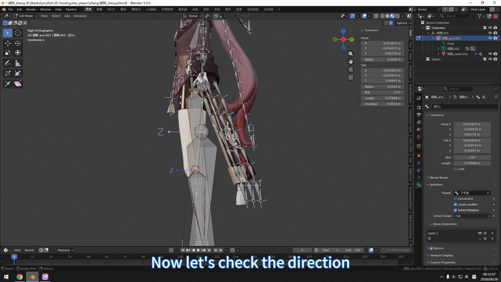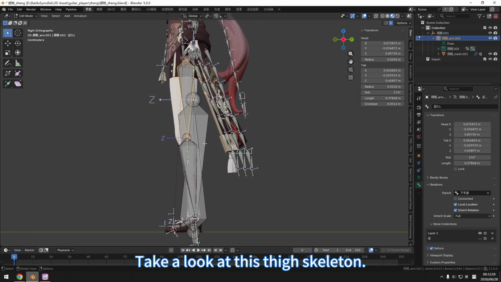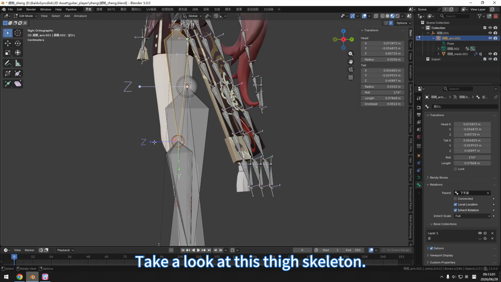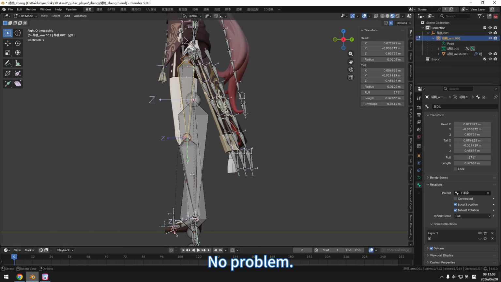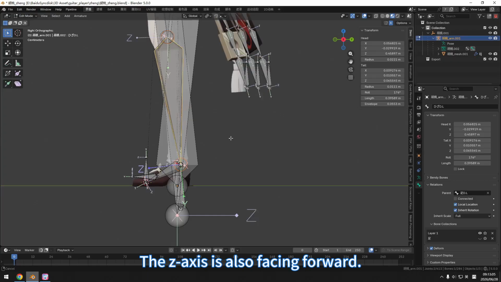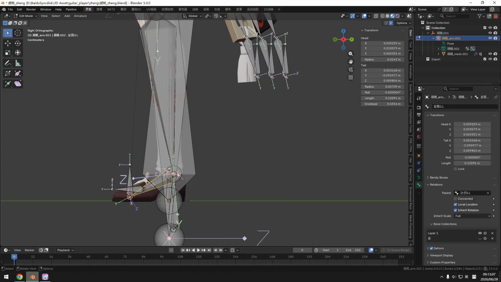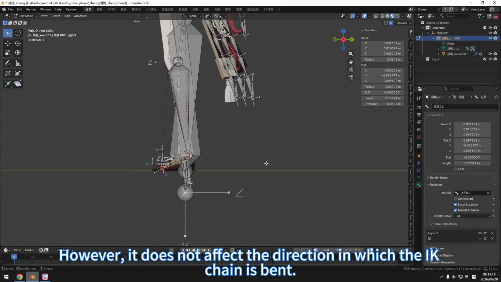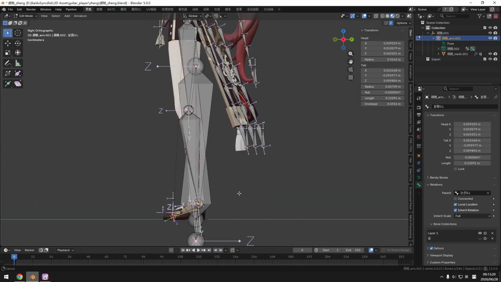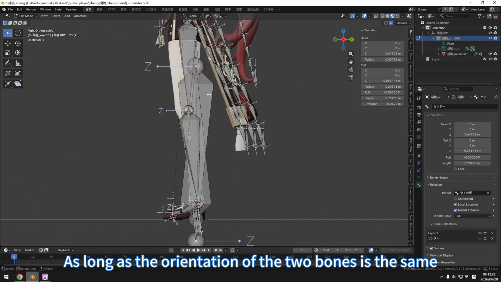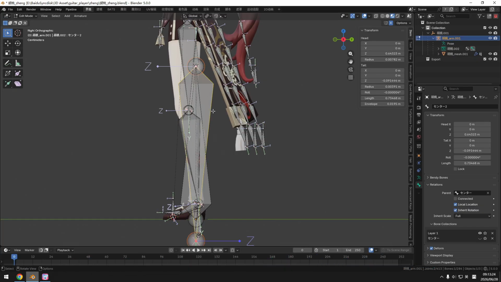Now let's check the direction. Take a look at this thigh skeleton. Its z-axis is facing forward, no problem. The z-axis is also facing forward, no problem. What about here? The orientation should be reversed. It should be facing up here. However, it does not affect the direction in which the IK chain is bent, as long as the orientation of the two bones is the same.